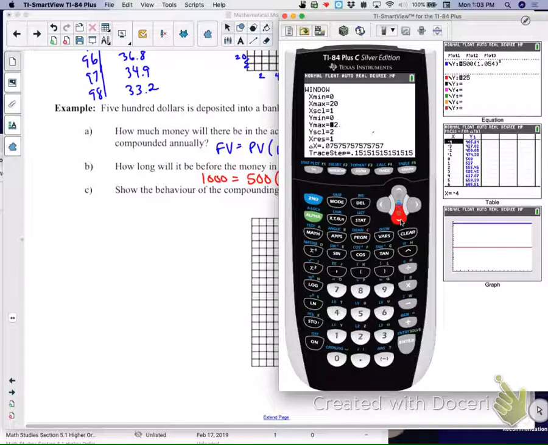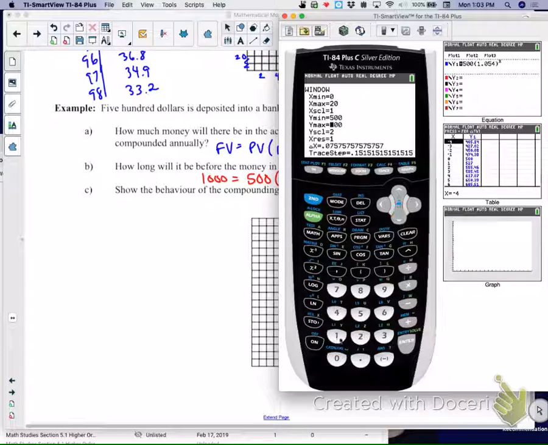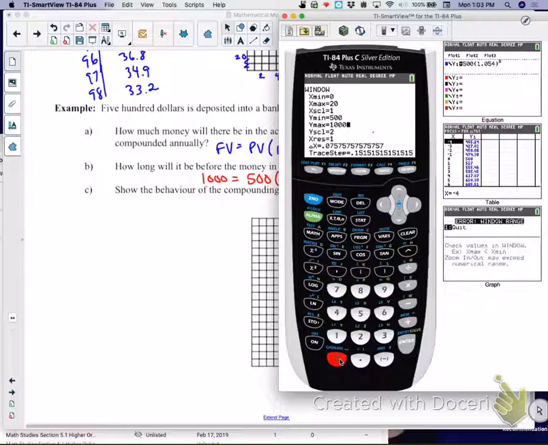In this case, let's start with 500 because that's how much money we started off with. Let's start with 500 here. And then let's start with 1,000 here. And let's go by 25s. Now the 1,000 is at the very, very top there. If you actually did want to solve this part using the calculator, what you would actually need to do is not make it go to 1,000.